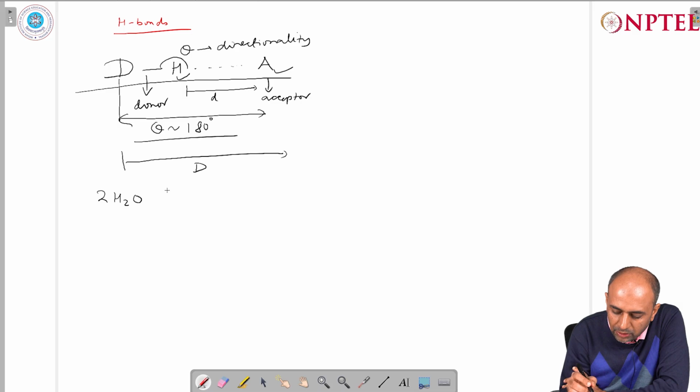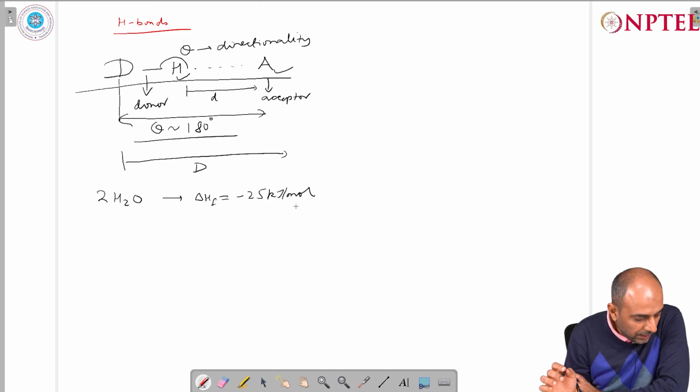The combination of two water molecules results in the release of energy of around 25 kilojoule per mole.